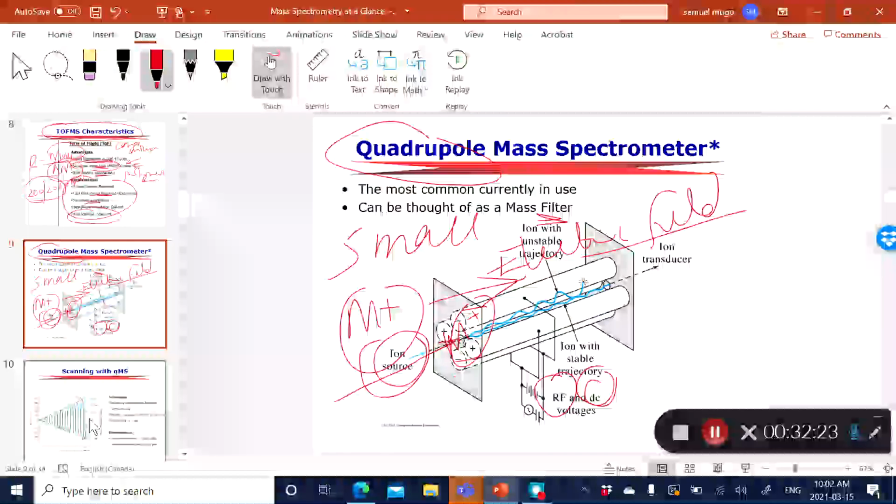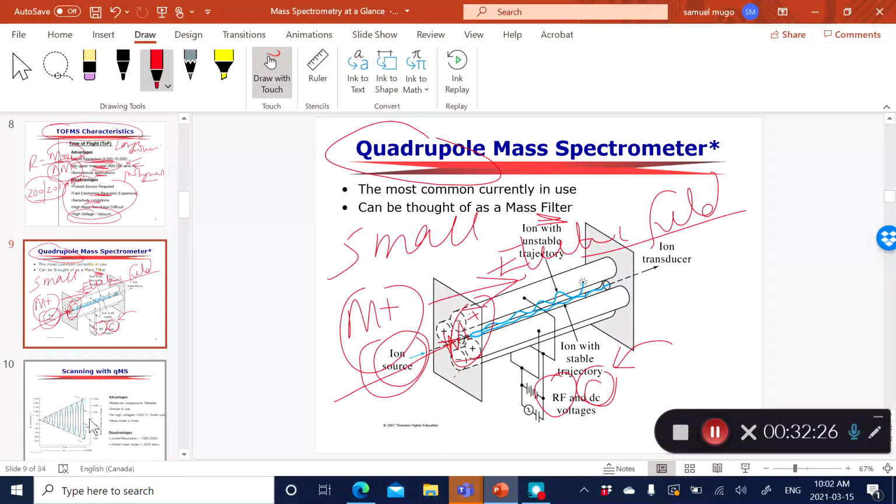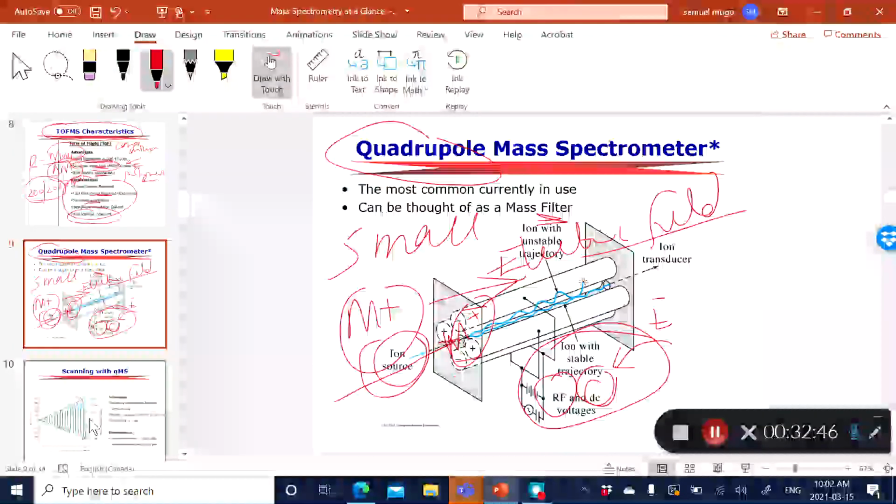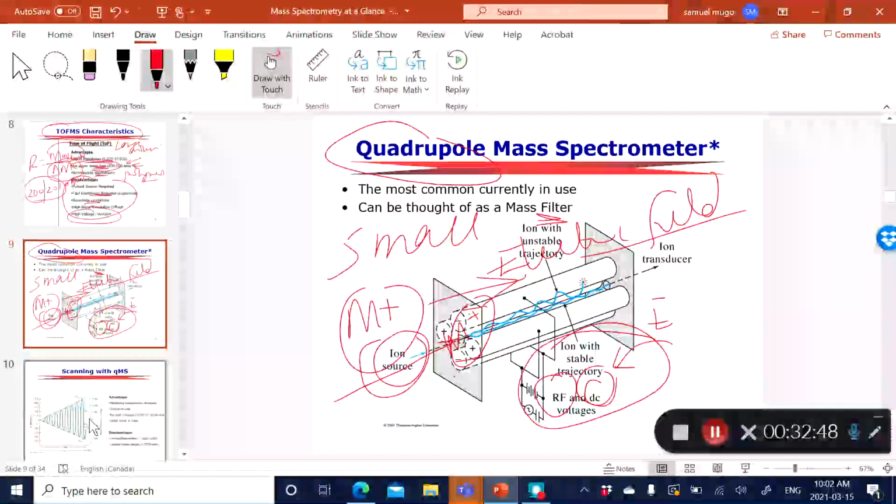Now, depending on the amount of the DC and the RF voltages that I apply, my ions can be either stable or unstable. So you see, I'm trying to deflect it based on the energy that I'm applying using the radio frequency and the direct current field. So essentially, I'm trying to make the ion stable, so that it goes all the way to the detector.